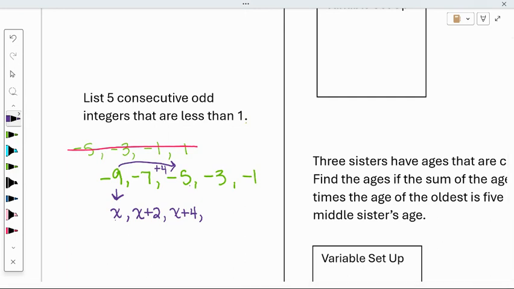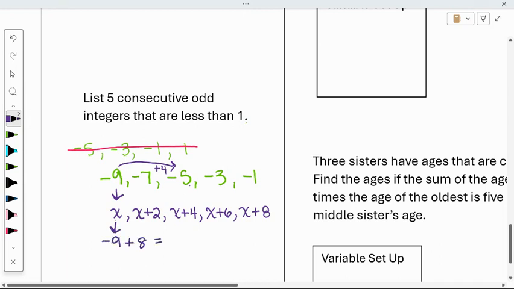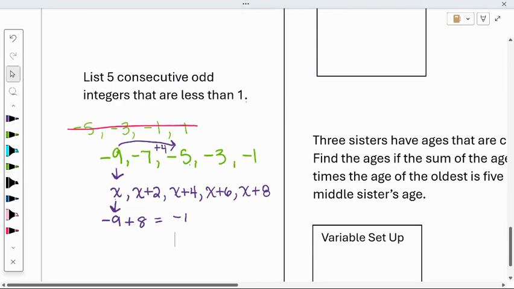Like when you count by twos, 2, 4, 6. x plus 6. And the last one? 8. x plus 8. Let's check it. If negative 9 plus 8, does that equal negative 1? Yeah. Okay, so we've identified them the right way. This is my first one, and if I add 8 to it, I get the answer that I'm looking for.